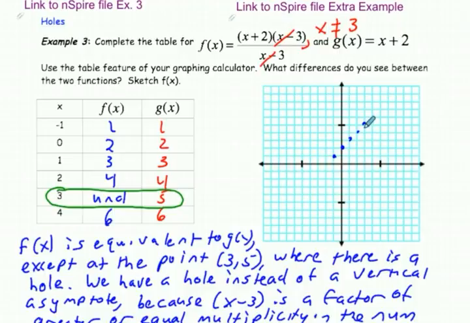When I graph that, I'm going to put a little open circle. That's going to be my hole. And then I have the point 4, 6. So this is actually the line y equals x plus 2 with a hole at the point 3, 5. This is our hole.